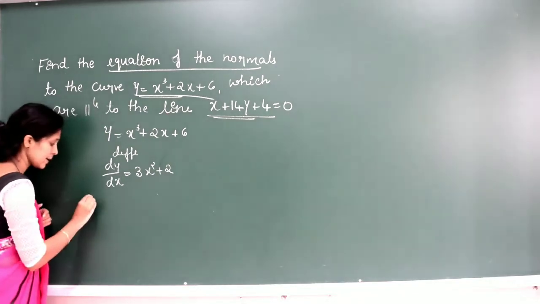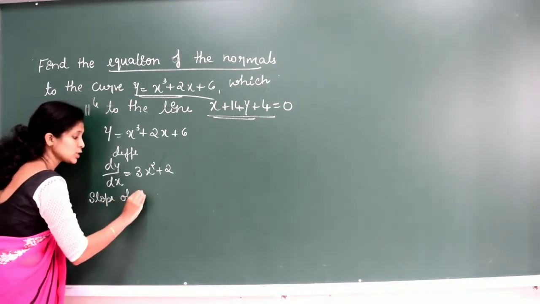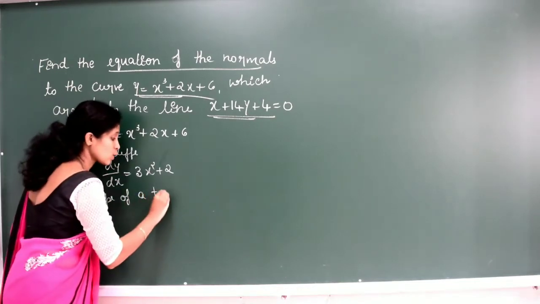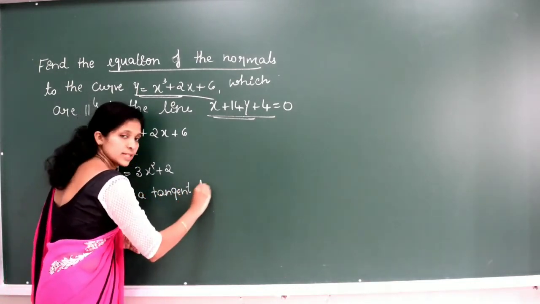Now this is the slope of a tangent to the curve. Remember, this is the slope of the tangent to the curve. Is it clear?